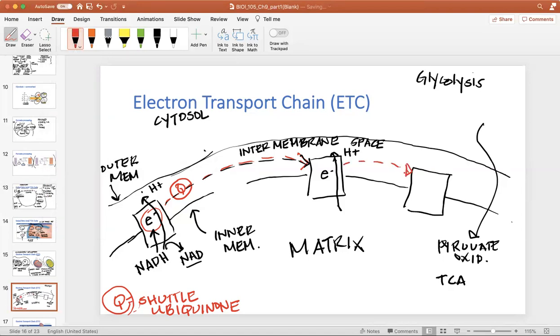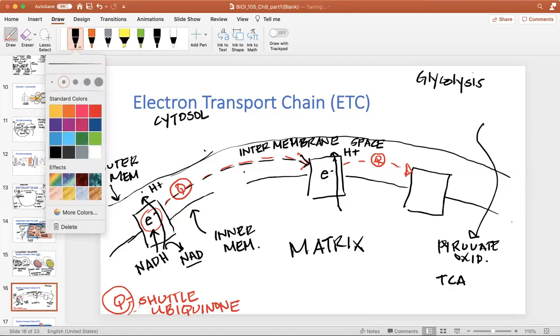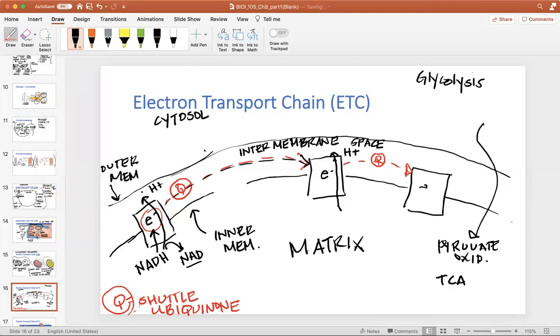We're going to move it over here. So again, this is done by that molecular shuttle called Q. So this electron now has just a wee bit of energy left, and we have just enough energy to do one more pumping action so that we can get one more proton up into this intermembrane space.